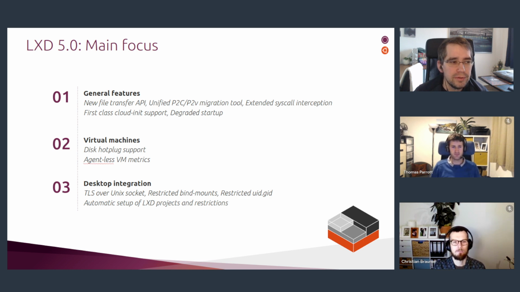So right now you get accurate network information and storage, number of processes, and a whole bunch of other things for VMs, just like you do for containers. But that's all reliant on the agent running inside of the VM and feeding us the right data.